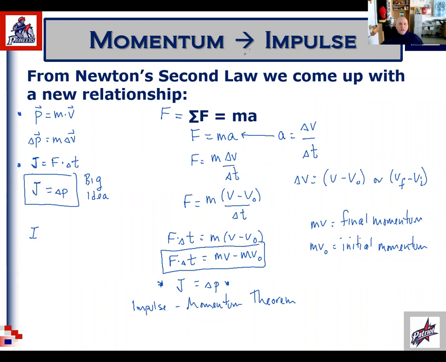But what I call the nuts and bolts equation is different. Conservation of momentum has the same idea, and when we get into the energy unit, we have the same idea there. We have big ideas, but the big idea doesn't actually do the work of solving the problem. The nuts and bolts equation substitutes in what impulse is really equal to, and what the change in momentum is really equal to.